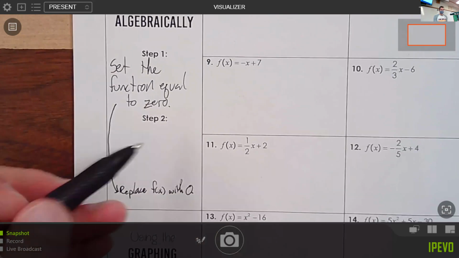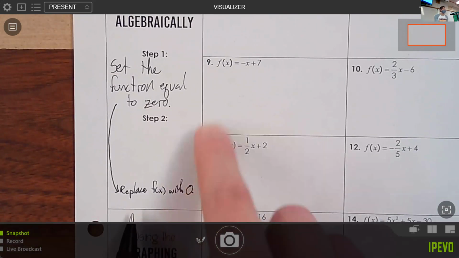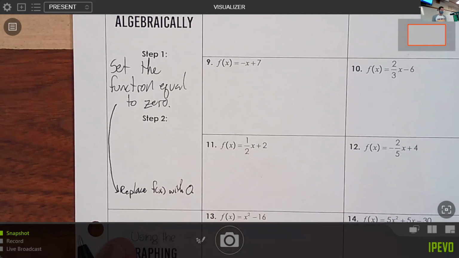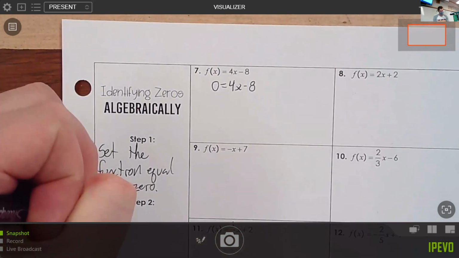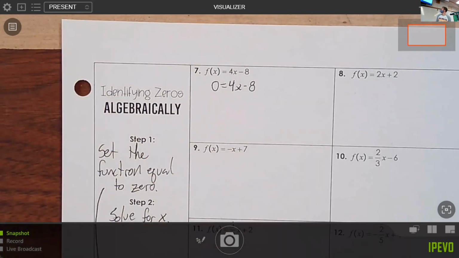And then we'll get to step 2 in a second. But replace f of x with 0. That's what it means by set the function equal to 0. And so that's what we're doing with example 1. Instead of writing f of x equals 4x minus 8, you're going to write 0 equals 4x minus 8. And then step 2, solve for x.